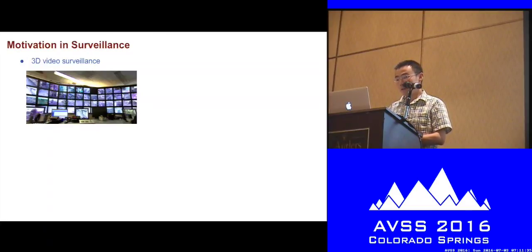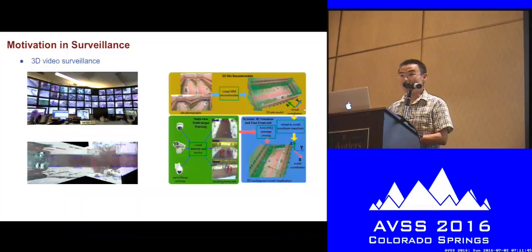So what we can use 3D to help, at least to save some money on monitors, is to reconstruct the site in 3D, and then we integrated the tracking results.